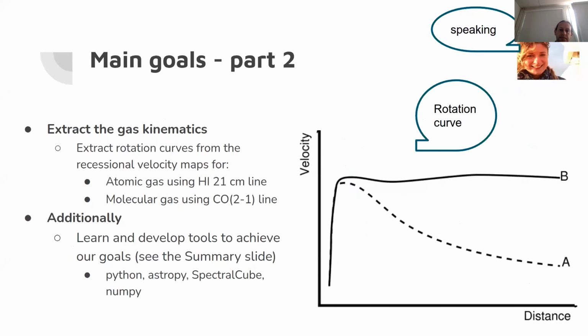The second project goal was to derive a rotation curve from the data set we used. For that purpose, we used velocity maps, and you will hear more about that on the next slide. Additionally, we learned and developed the tools in order to get some results.